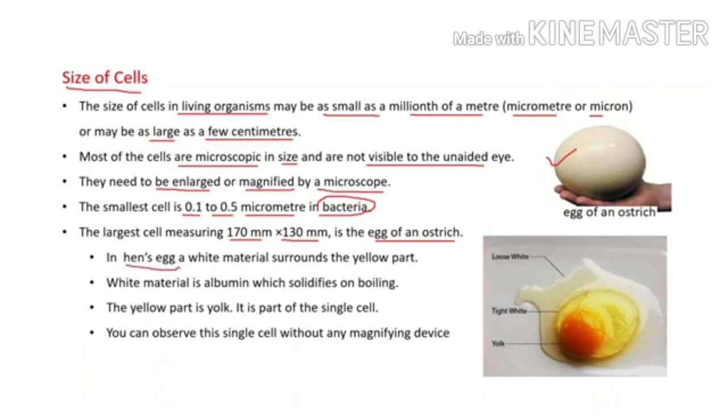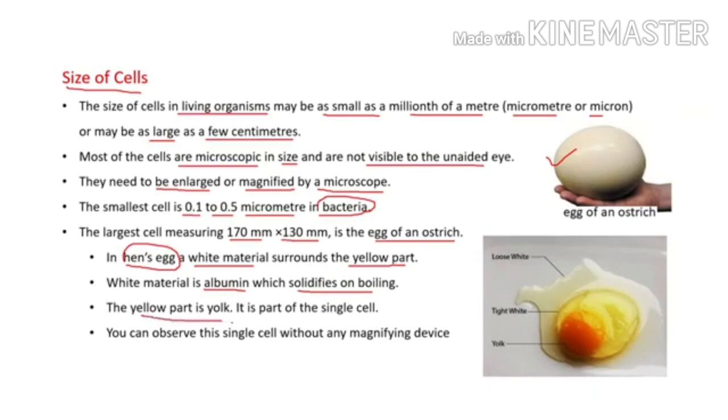You must have seen egg of a hen. In it, there is a white material surrounding the yellow part. This white material is albumin, which gets solidified on boiling, and the yellow part in the egg is yolk.